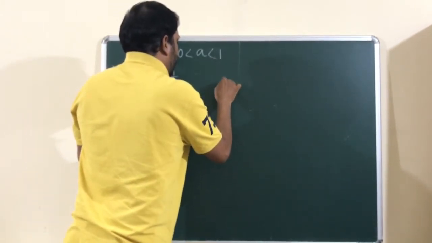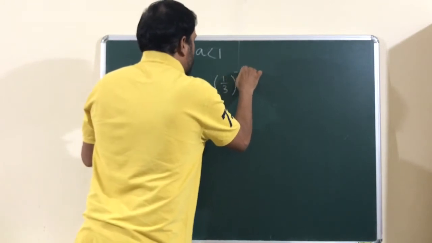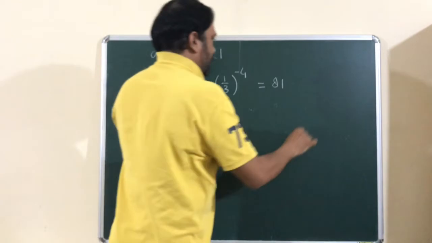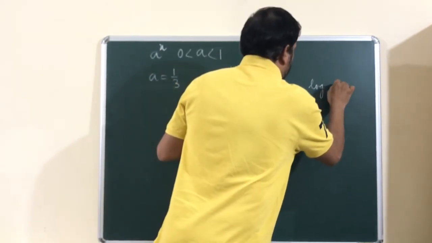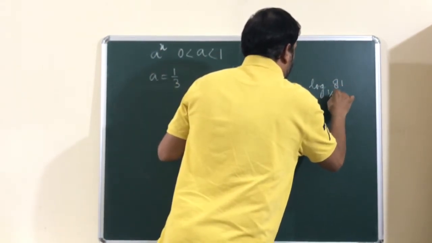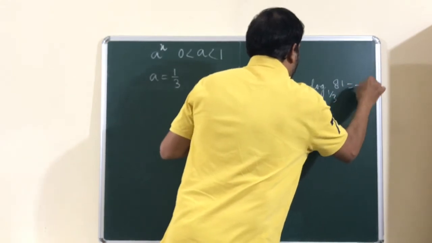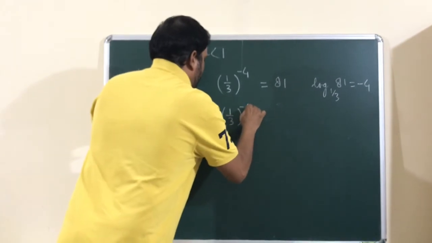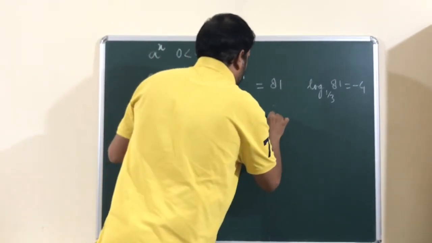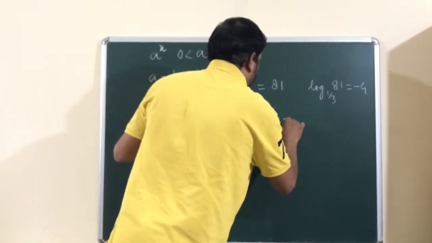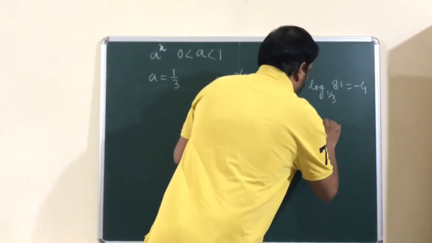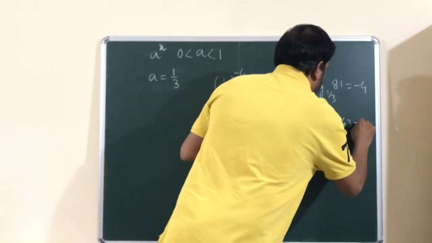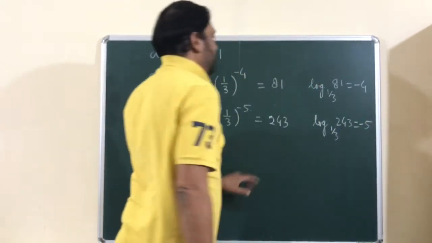If I multiply 1 upon 3 minus 4 times, then I'll get 81. Clear? So we can write log of 81 base 1 by 3 is equal to minus 4. If I multiply 1 by 3 minus 5 times, I'll get 243. And we get log of 243 base 1 by 3 is equal to minus 5.